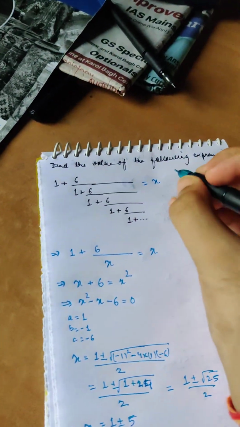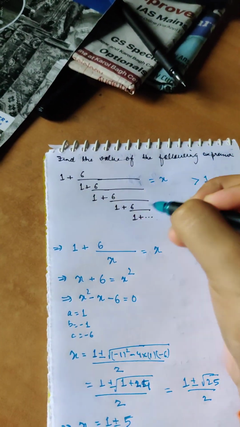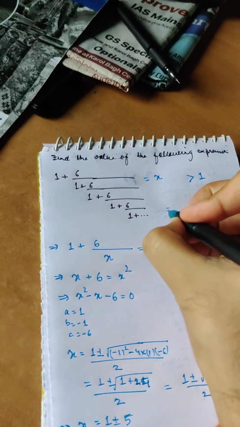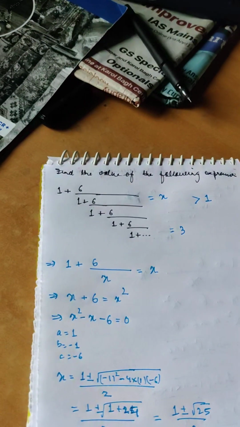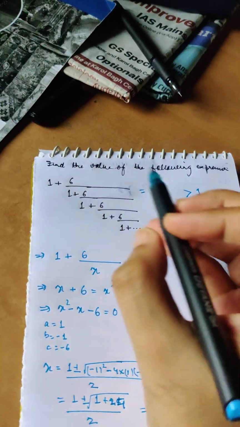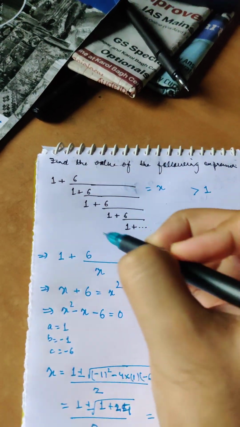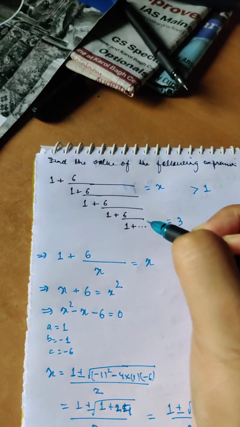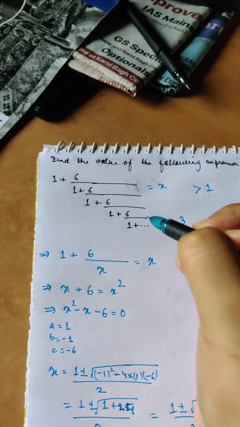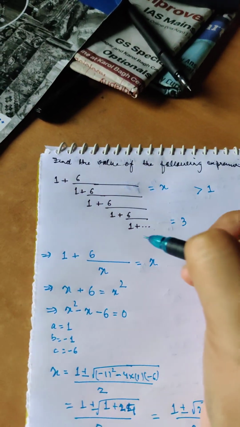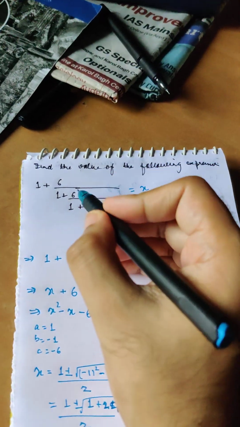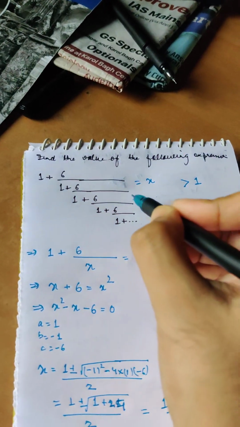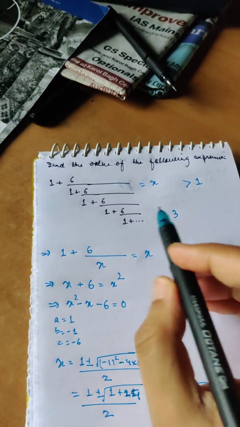So this sequence is actually equal to 3, which also makes sense because, as I said, it has to be 1 plus something, and this something, since it looks like a converging series, would not be a huge number. So the answer is 3.